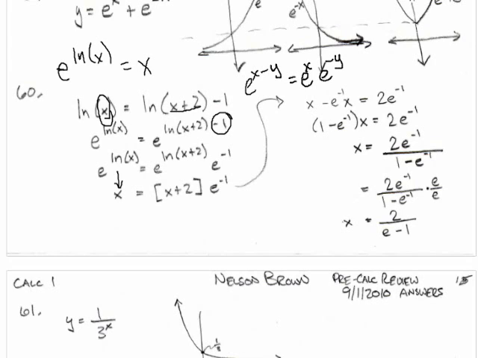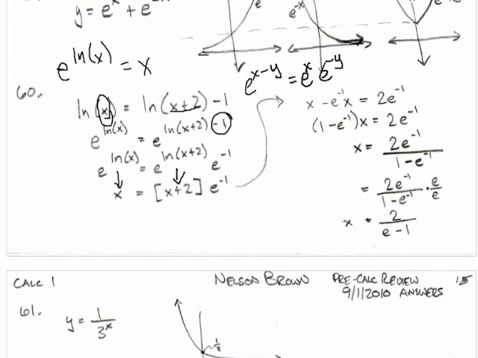So the reverse is also true. So I can take this negative 1 and split it up so that I have e to a natural log of x plus 2 times e to a negative 1. And then e to a natural log of x plus 2 is just x plus 2.